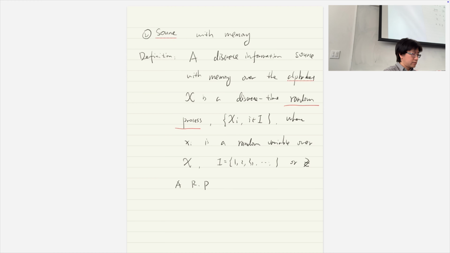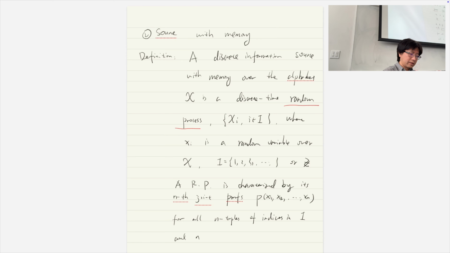So a random process is characterized by its nth joint PMFs, denoted as P of X1, X2, up to Xn, for all n-tuples of indices, and n is from 1, 2, 3, and so on.